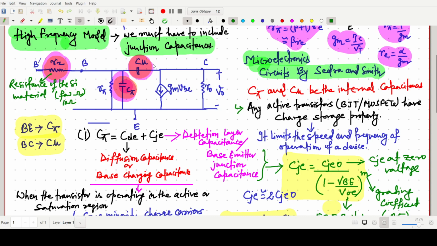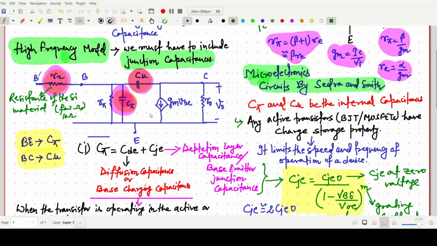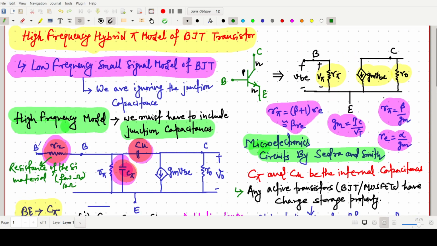And C mu is the collector base junction capacitance. So this is all about the high frequency model of a BJT transistor. You can use this concept for solving numericals also.